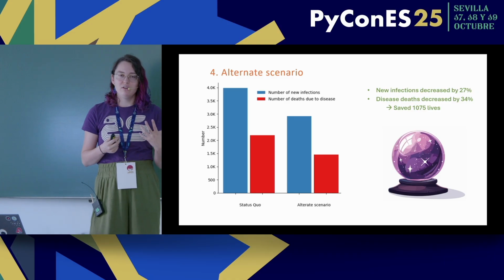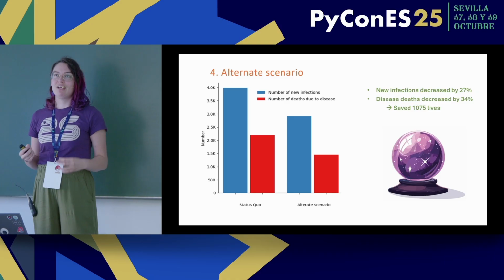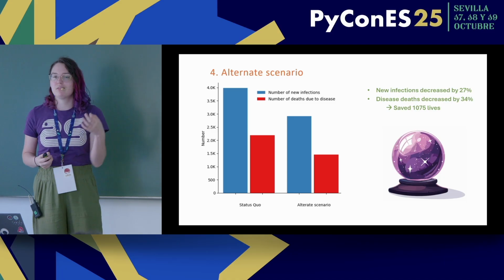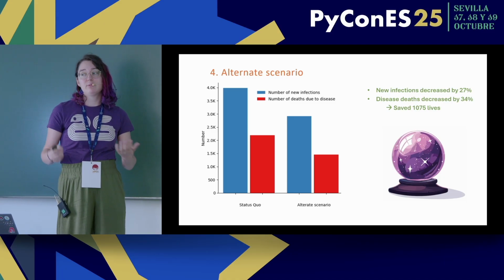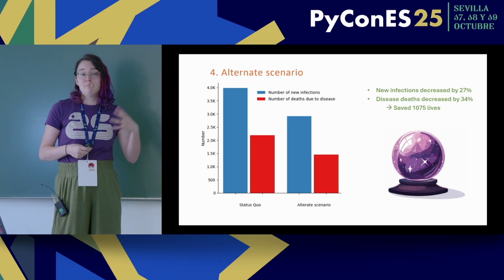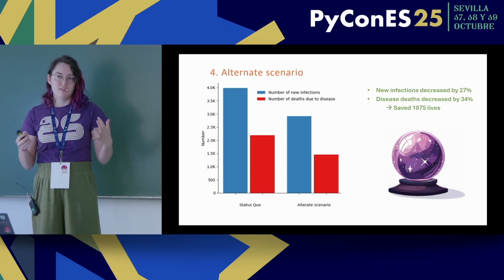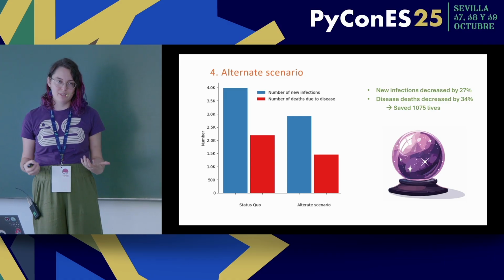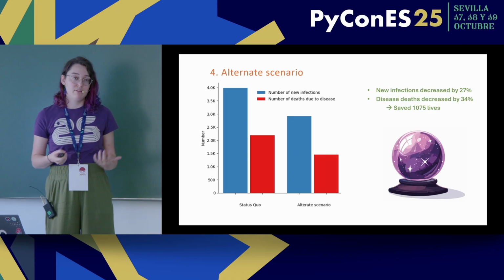So we can't really say that if we did put this vaccine in place, we would have exactly saved 1,075 lives. But if we model several scenarios and we consistently see a better outcome in one type of scenario than in another, then probably that is what is going to have the best result in the real world and the best public health outcome.